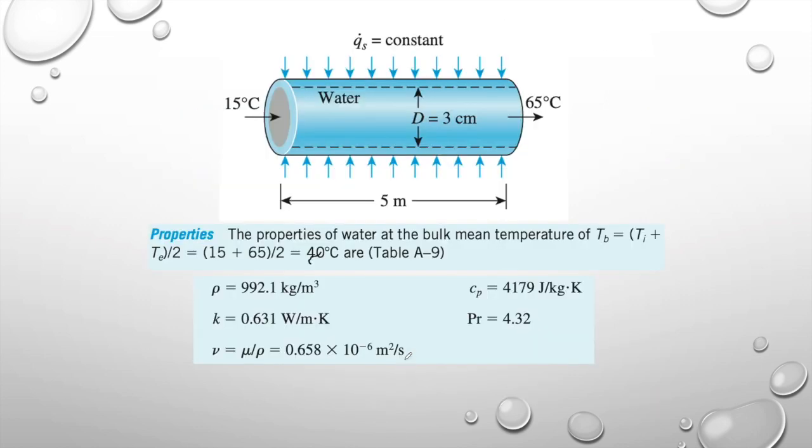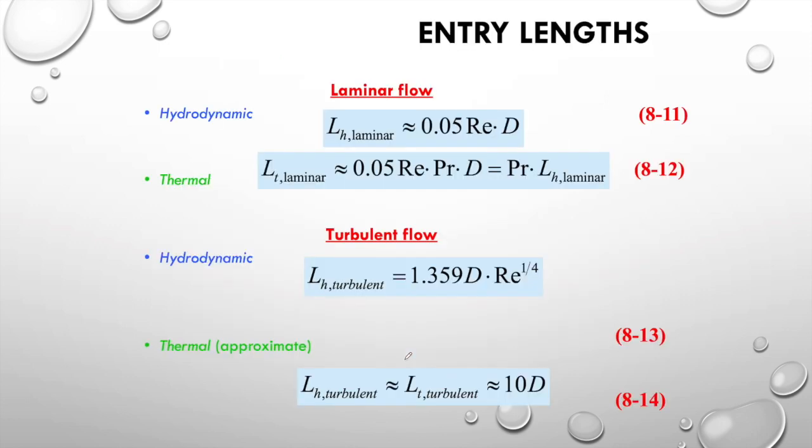Now, before I go to solve this question, I would like to emphasize the entry length. From the previous example 7, I've already shown you the calculations of the thermal entry length, which falls under laminar flow.